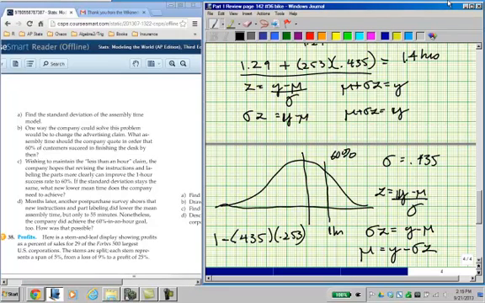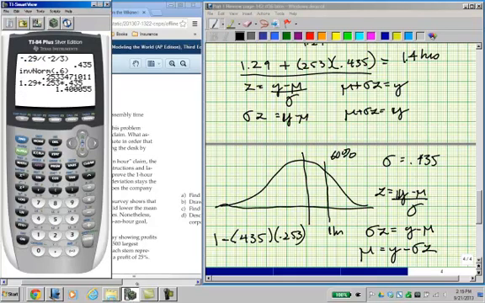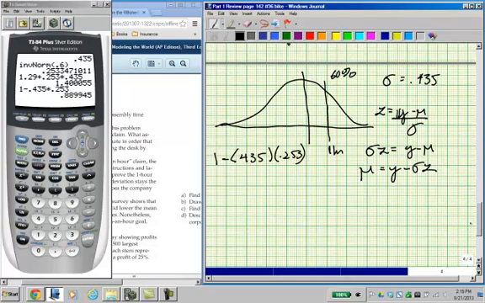And so we worked that out with the calculator. We'll take 1 minus 0.435 times 0.253. And so now we have a new mean of 0.89 hours.